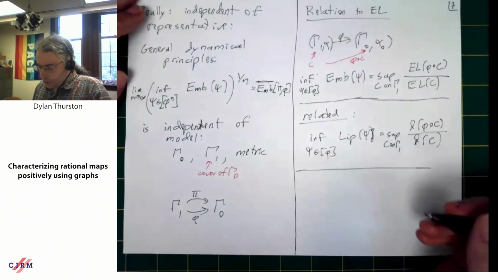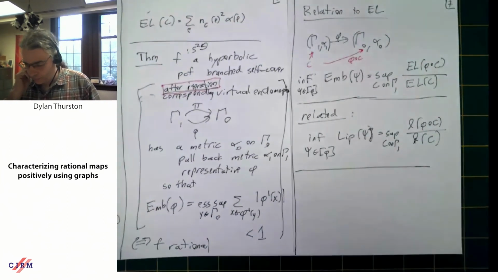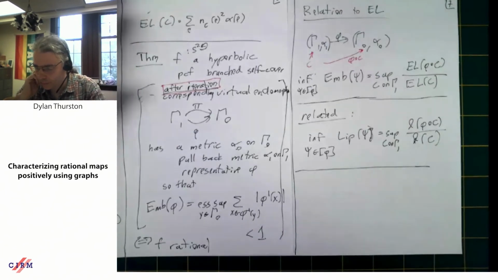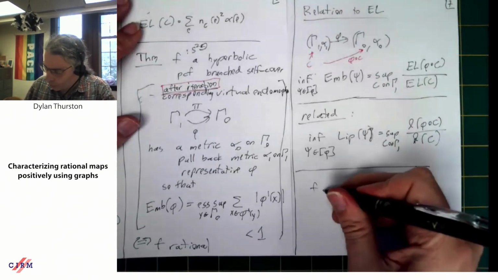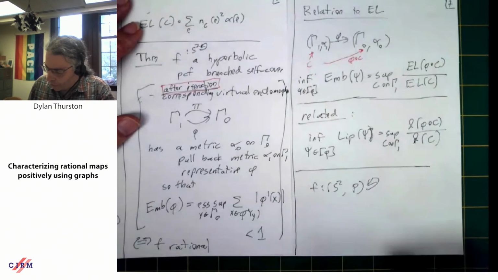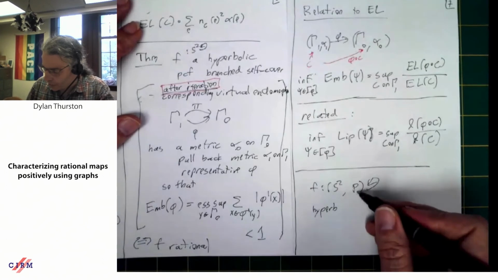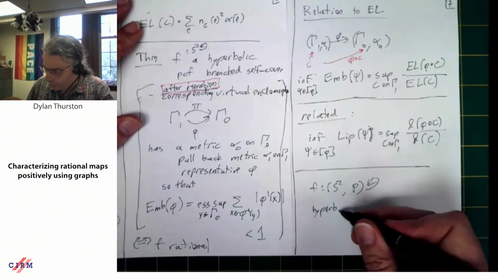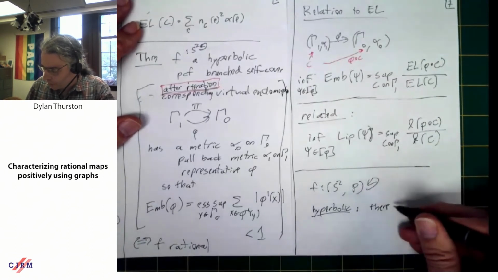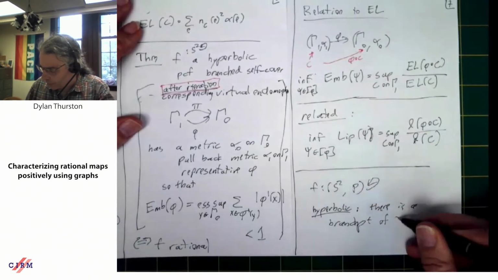Sorry, can I ask about your theorem? Just to make sure I understood, when you say a hyperbolic PCF branched self-cover, what exactly does hyperbolic mean here? Hyperbolic, in the usual way of saying it without referring to these punctured spheres, I have a map like this, where P contains all the branch points and is invariant under forward iteration, and hyperbolic means that there is a branch point of P in every cycle.